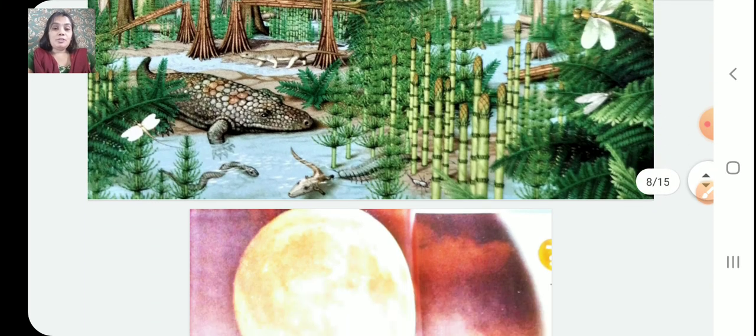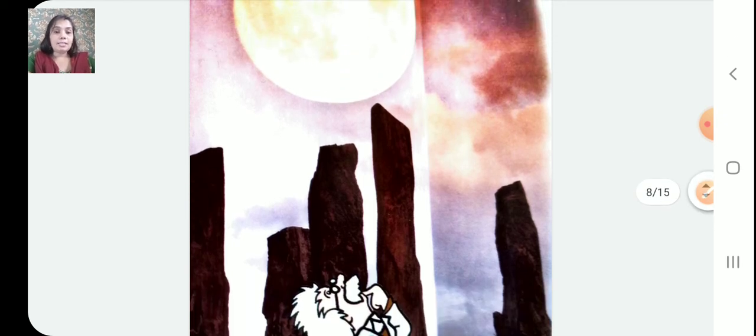The earth has one natural satellite, that is the moon. It was formed when a large asteroid impacted earth in the distant past. You will learn all that in the higher classes. You just have to know that the earth has only one natural satellite, the moon.